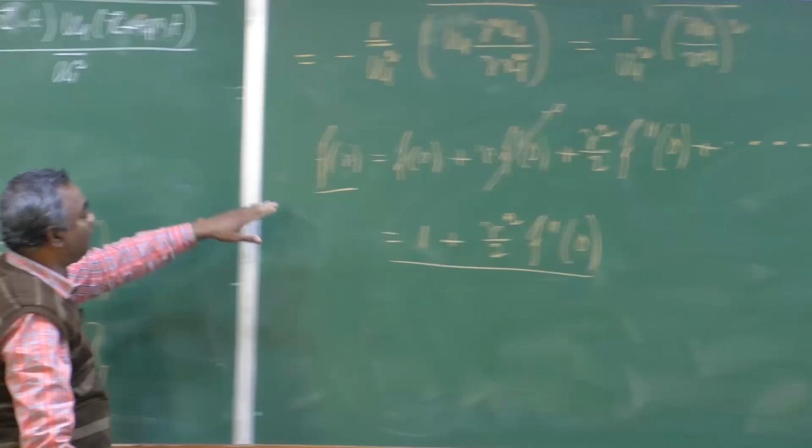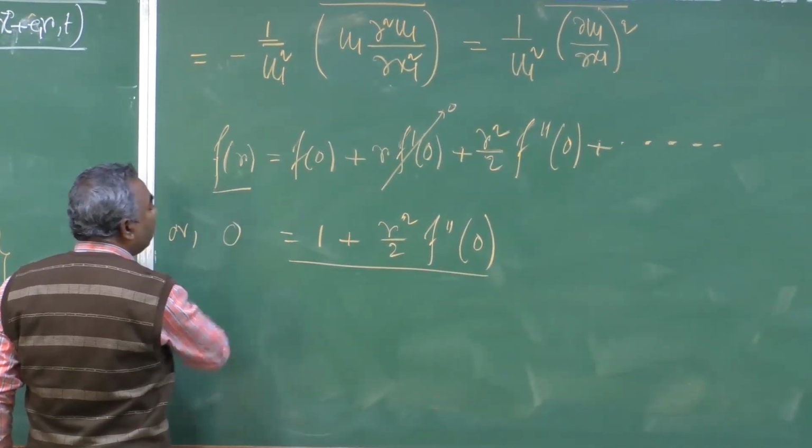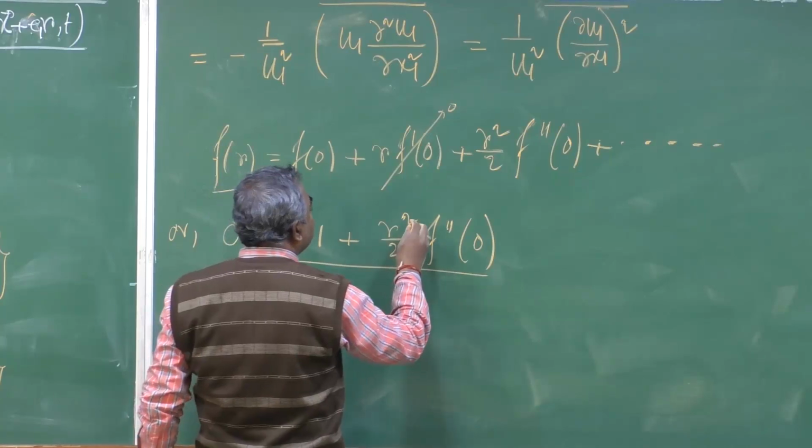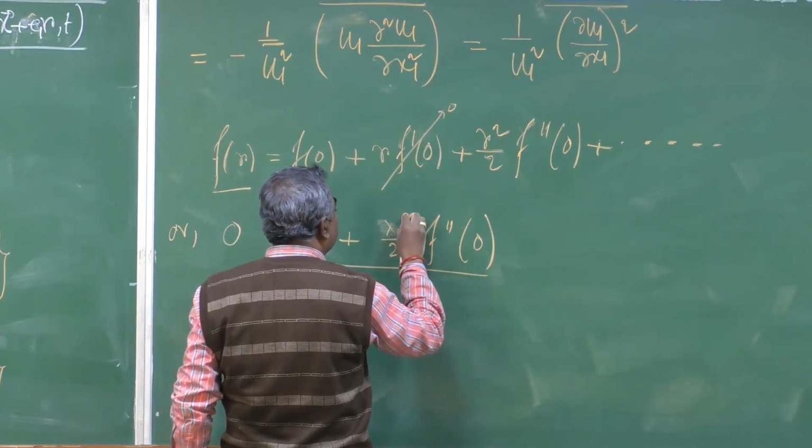So, that means this value is going to be what? This value is 0 here, and this r becomes lambda f square.